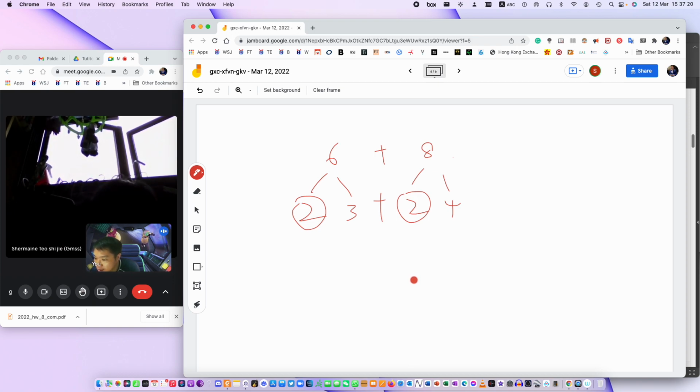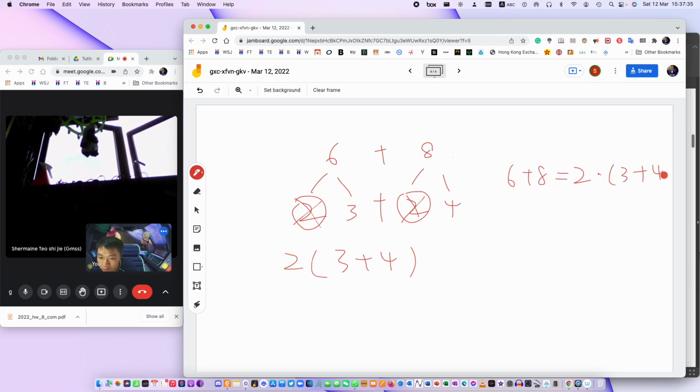Are you at slide 6? Yes. So 2 is common, I take out 2, right? Then I'm left with 3 plus 4, right? So what this means is 6 plus 8 is actually equal to 2 times 3 plus 4. Are you clear? Okay.